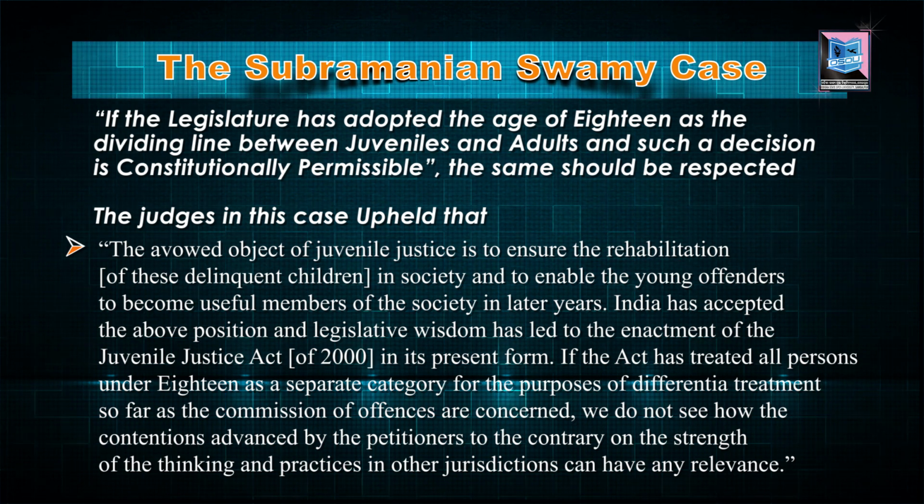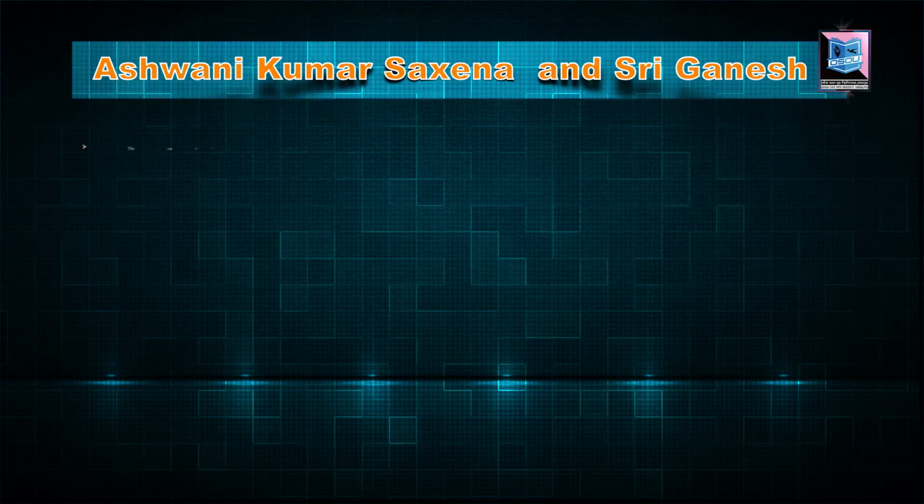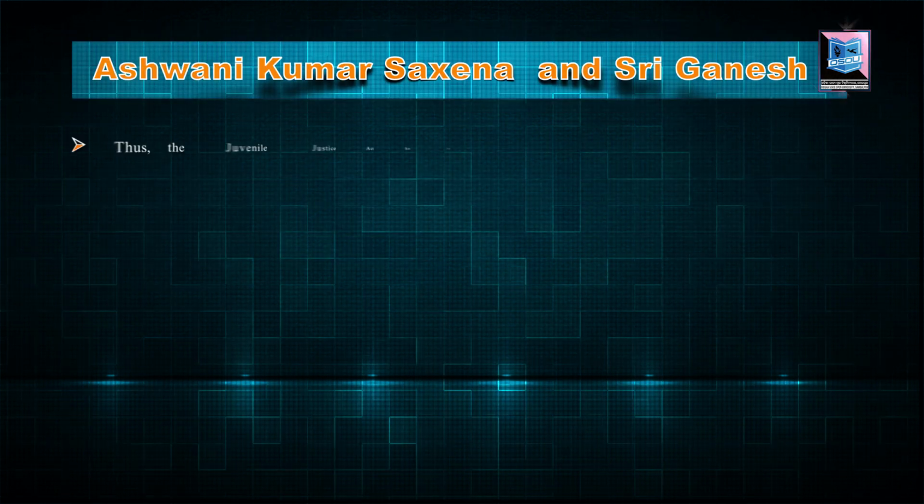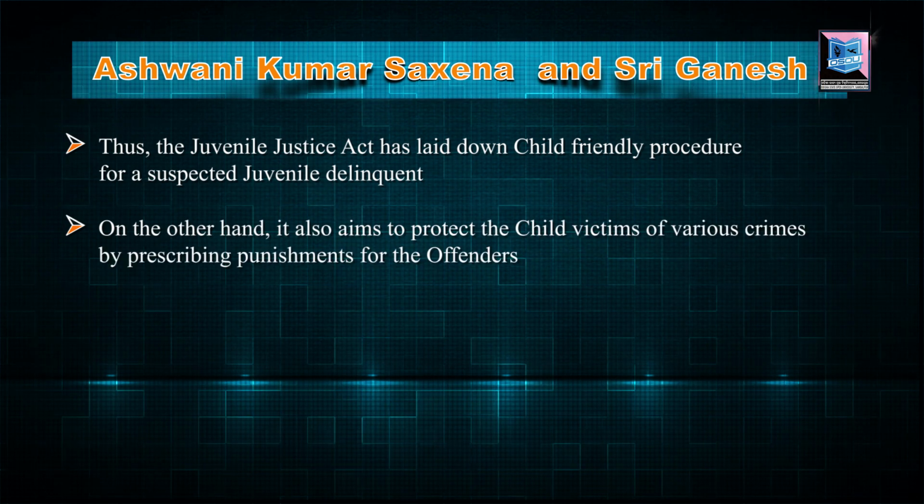Further, let's look at the case of Ashwini Kumar Saxena and the case of Sri Ganesh, in which the Supreme Court gave guidelines regarding how to determine the age of a juvenile delinquent. It was determined that for determining the age, first the documentary evidence would be looked at, and then if still it could not be determined, as a last resort, the medical report of the child could be considered for determining the age of the child.